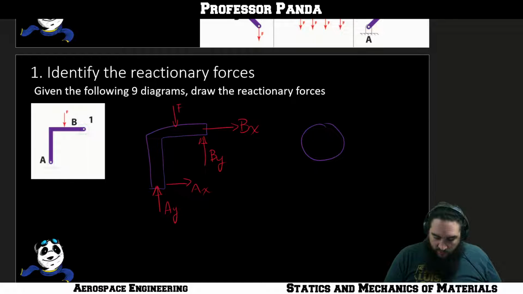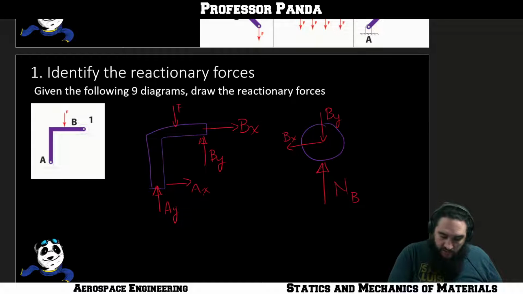Okay, there's our roller. And we're not drawing the ground here, so we should have a reactionary normal force. So we'll call that normal of B. Okay, and because this roller is supposed to be attached to the body AB, we should give it the same forces, equal in magnitude, opposite in direction. So BX going to the left, and BY going downward.